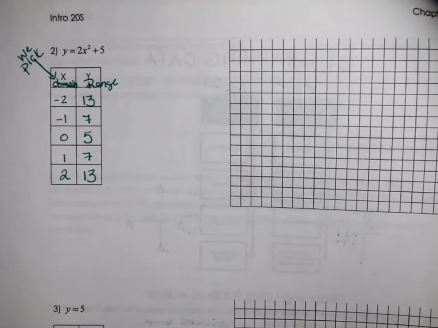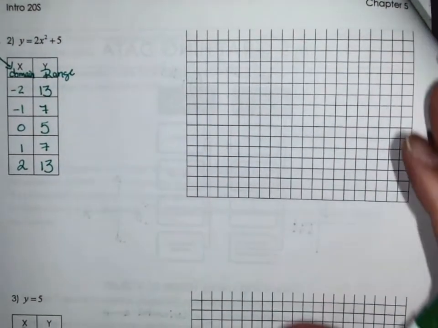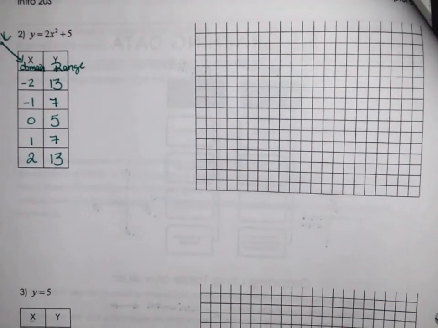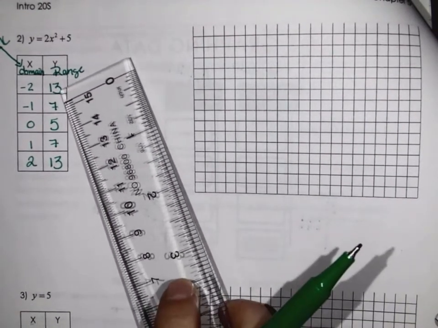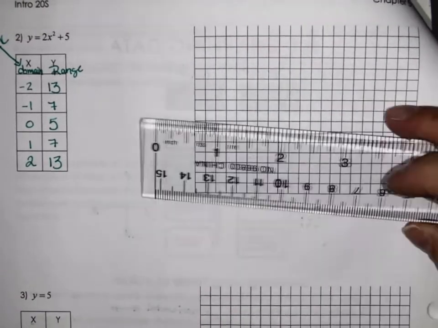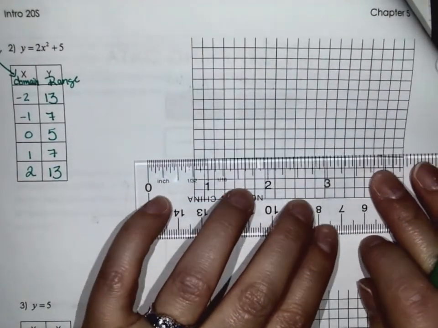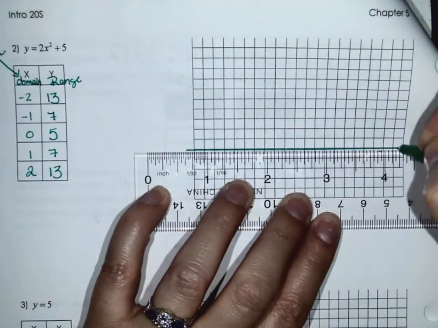This one looks a little bit different. Okay, so I'm going to put in my X and Y axis. I'm going to get my handy dandy ruler. Do I have any negative values in my Y? No, not really, but I do have some negative values in my X. So my graph's going to look really similar to what I had last time, where I set it up on the page.